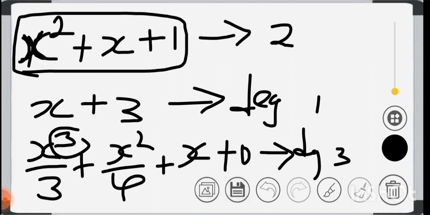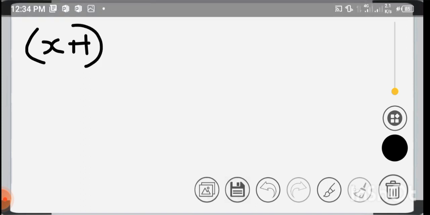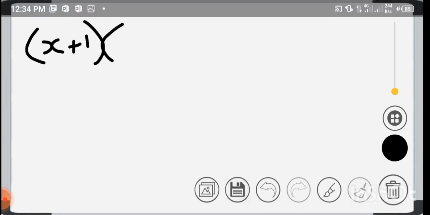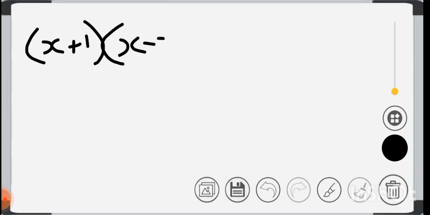Let me look at another one. Let's say we have bracket x plus 1, bracket x minus 3. What is the degree of this one? If you want to do this, just check the multipliers.